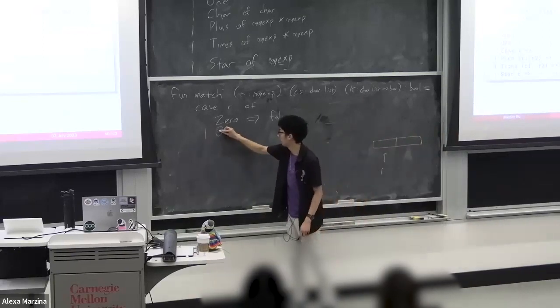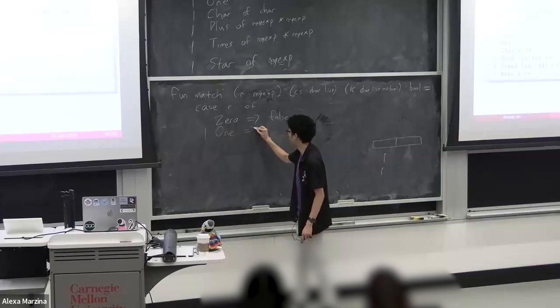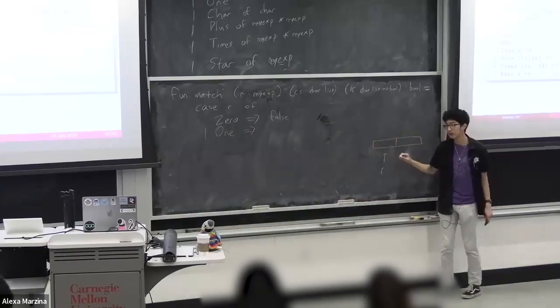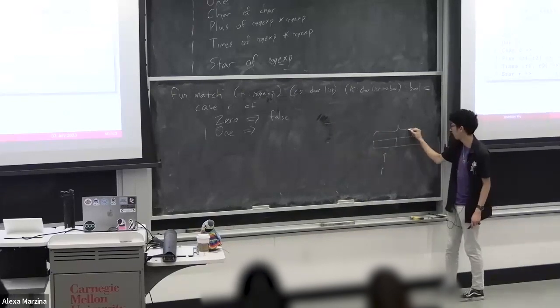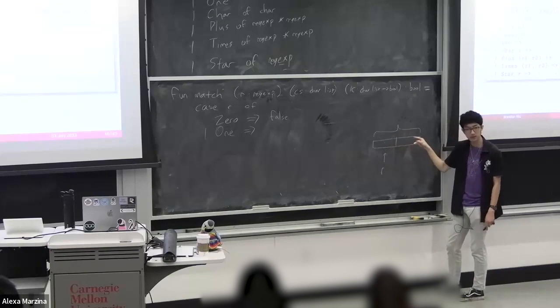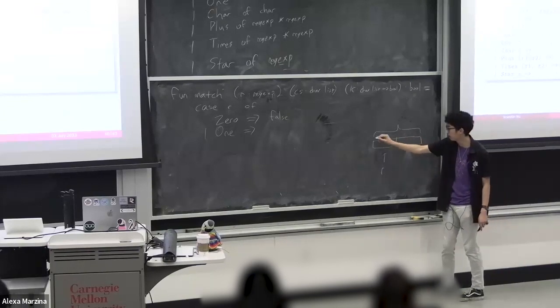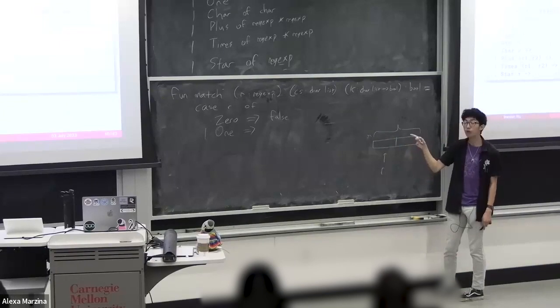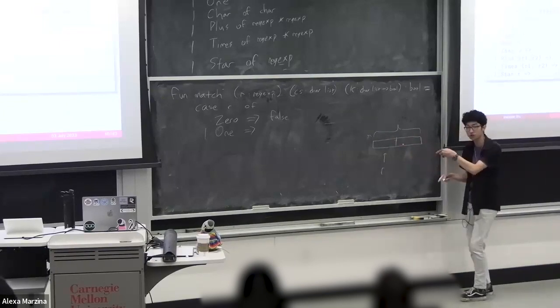And then we're going to see 1. What's the string in the language of 1? The empty string. That means my suffix must be the entirety of this string, and my prefix must be the empty string. So if my suffix is everything, and my prefix is kind of vacuous over here, the only thing I can do is check that my suffix condition is true.